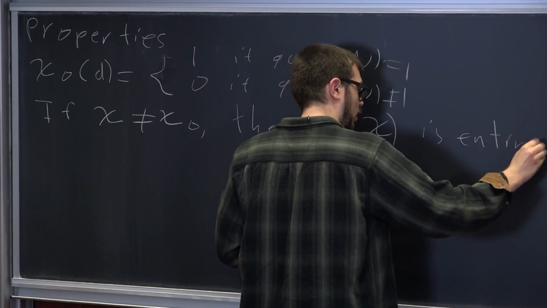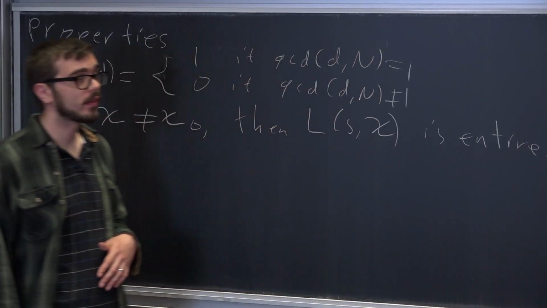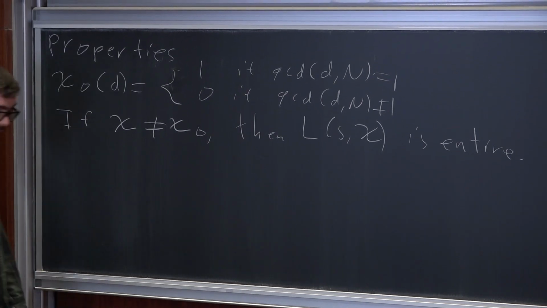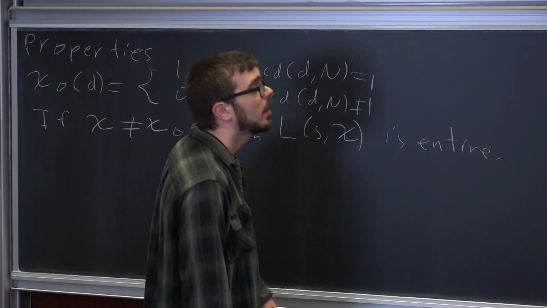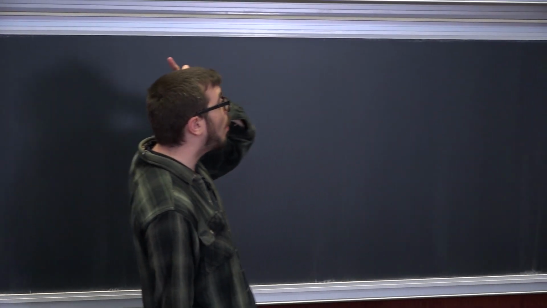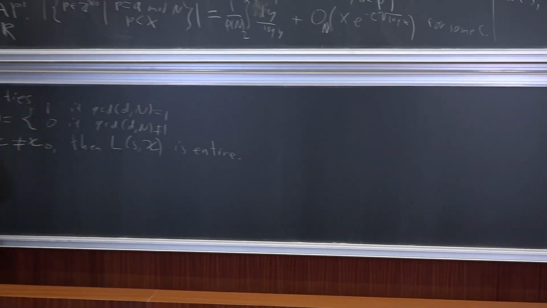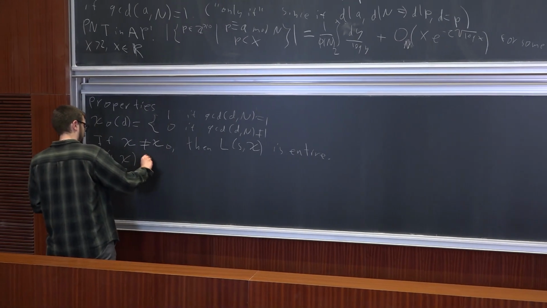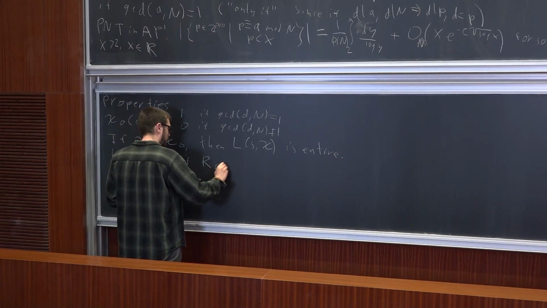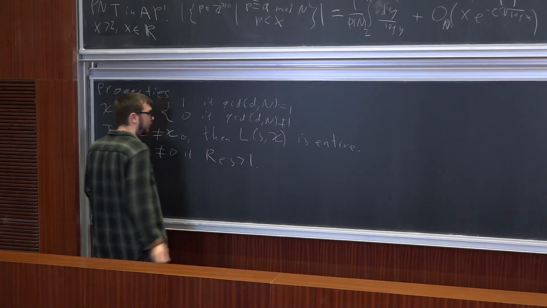It is holomorphic on the whole complex plane. And then it's not so hard to show using the Euler product that L of s, chi is non-vanishing if the real part of s is greater than 1.